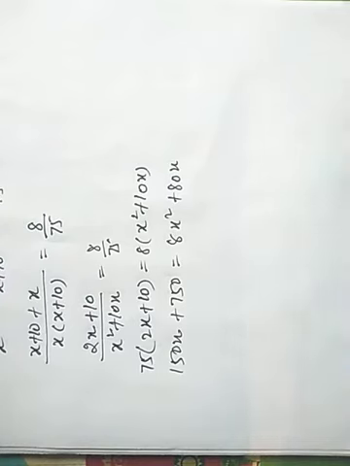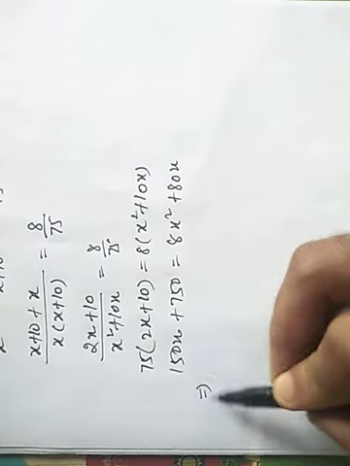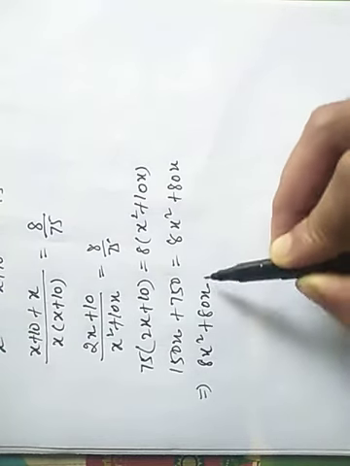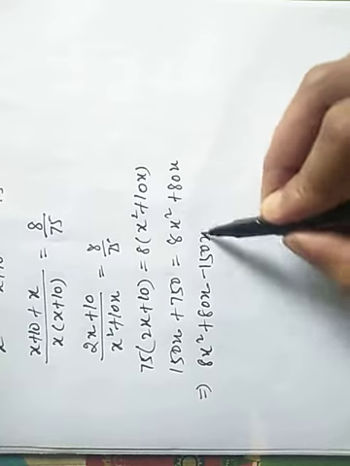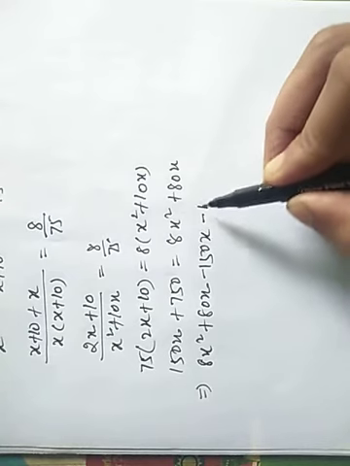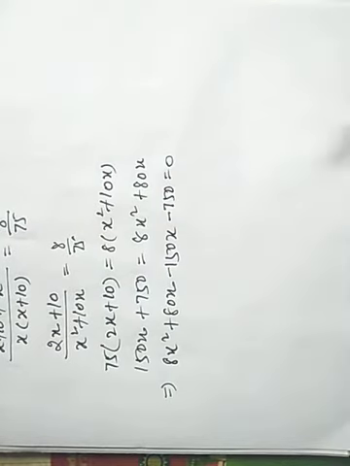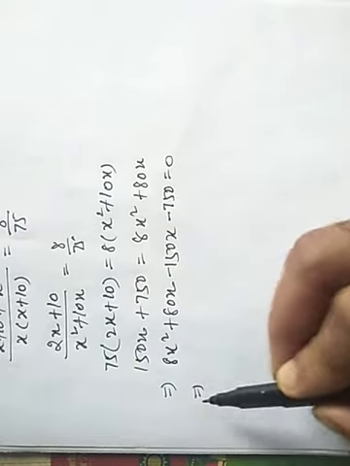We can take all the terms to the left side and we will get 8x square plus 80x minus 150x minus 750 is equal to 0. We can take 2 common from here.